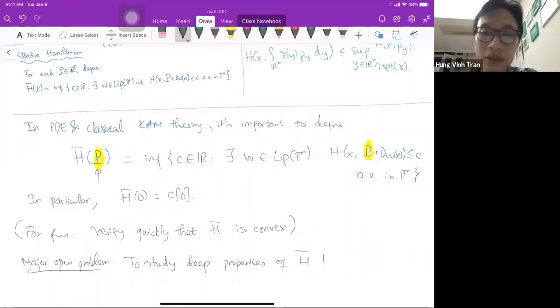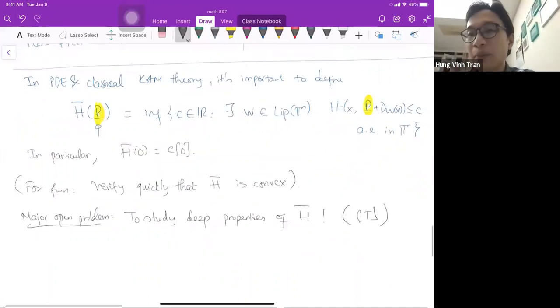There have been some preliminary results and some good enough results on studying H bar, but not so deep. I mean, most of the up-to-date results are written down in my book already, and not many. It's still a really mysterious object. It has to be understood and studied much deeper.